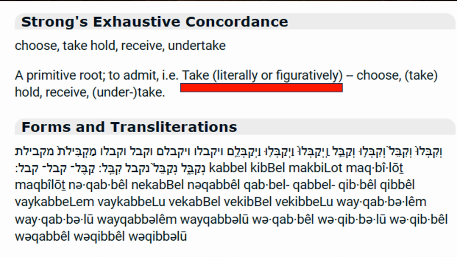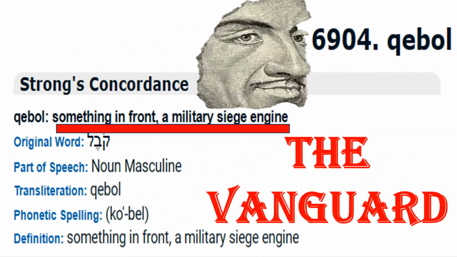And if you look down below, you can see a number of forms and transliterations with respect to this construct of cabal. What's also interesting is that this word is very similar to a name of this entity in the book of Enoch that is spelled, in terms of the last part of it, Kobel. And here you can see that phonetic spelling that I was just mentioning with that Kobel related to the book of Enoch.